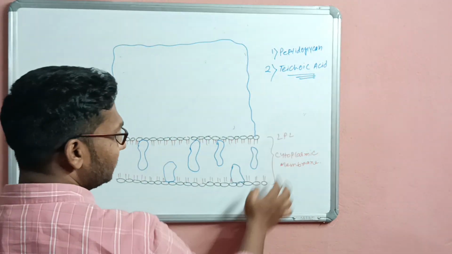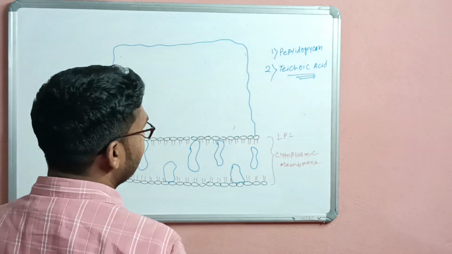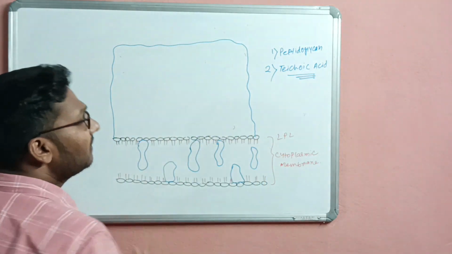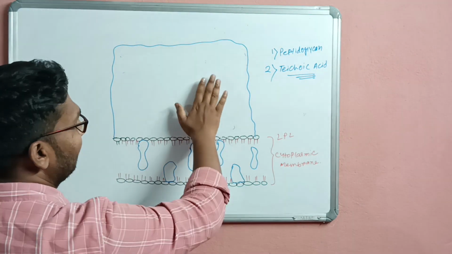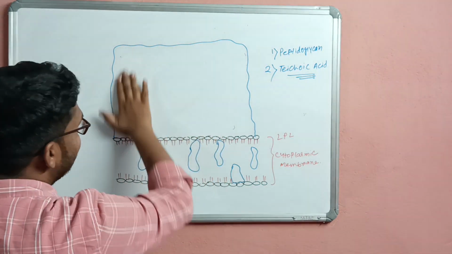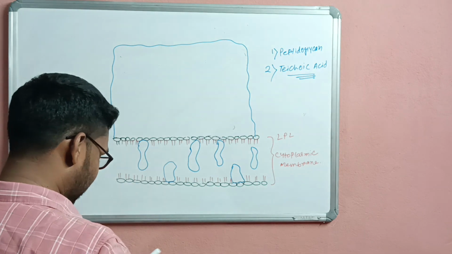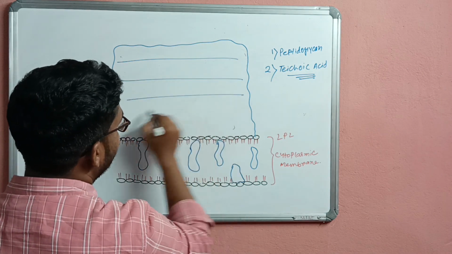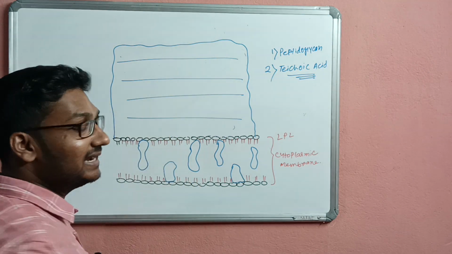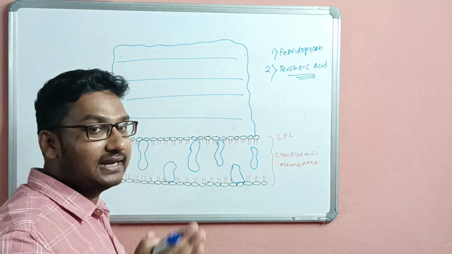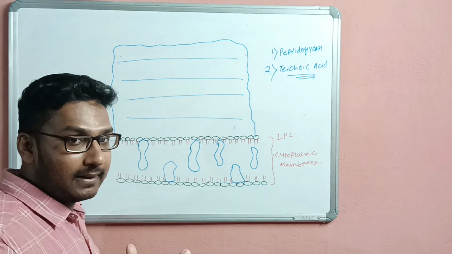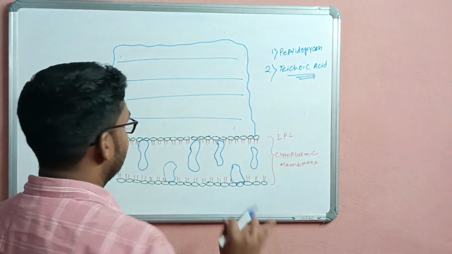Okay, this is the outer portion, this is the inner portion. So the peptidoglycan layer is present outside the cytoplasmic membrane. Suppose this one is the total peptidoglycan layer, formed by N-acetyl glucosamine and N-acetyl muramic acid bonded with their peptide linkage.